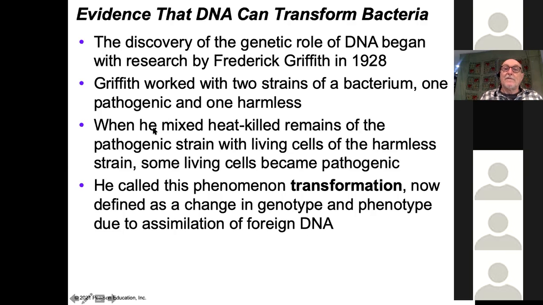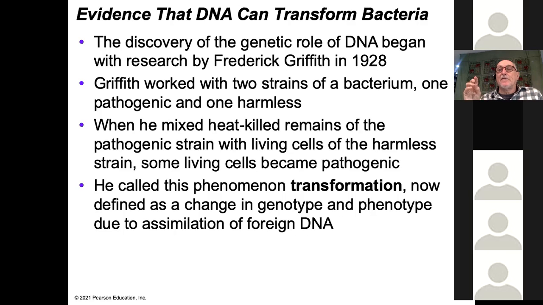And Griffith was working on a bacterium called Streptococcus pneumoniae. You'll guess by its name, Streptococcus causes a pneumonia. But there are, in fact, two strains of Streptococcus, and only one of them causes pneumonia. Only one is pathogenic. So yeah, go ahead. So this is just strep, right? Or this is a different type of strep?